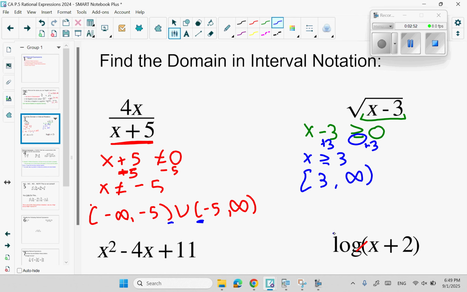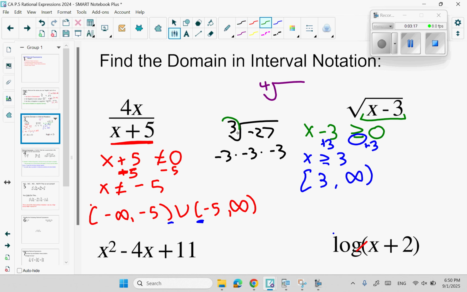Now, we have talked about that being an even radical, so this would be the same thing for like fourth root, etc. The reason we stress that idea of it being an even radical is if it was an odd radical, such as cube root, and let's say we did negative 27. Well, that actually works, because that could be negative 3 times negative 3 times negative 3.